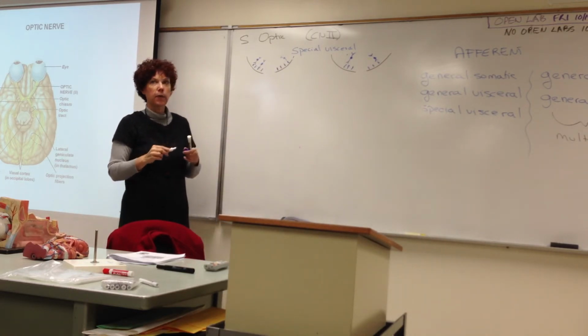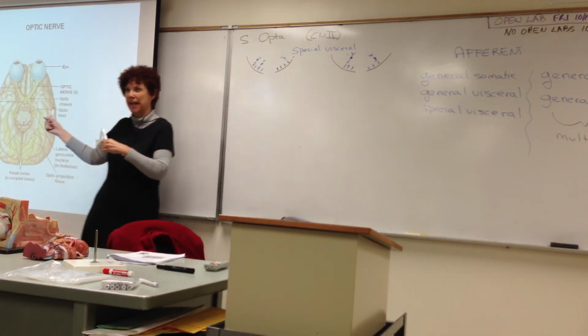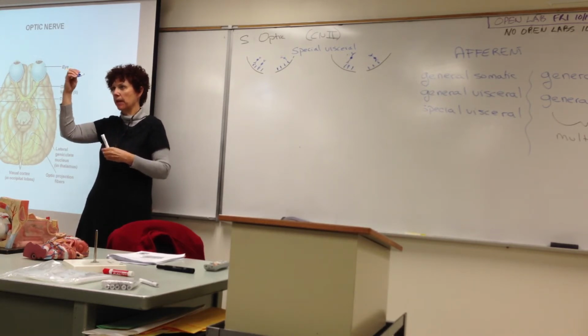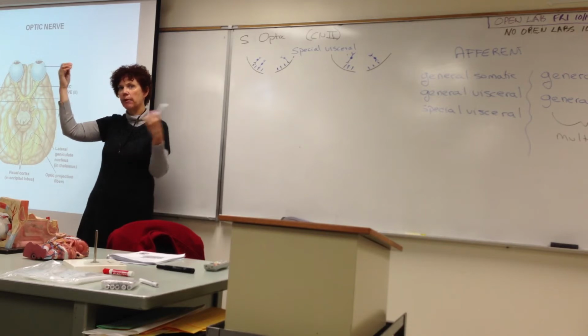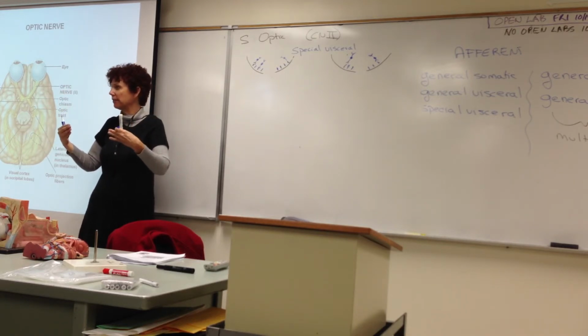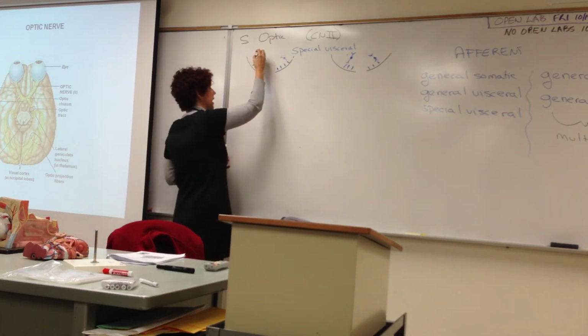And then from there, we have the second neuron. Remember in smell, the bipolar neuron went through the cribriform plate and synapsed with another neuron. If we were talking about peripheral nerves, that other neuron would have been the posterior gray horn. Okay? So now the second neuron, this would be the first neuron in our pathway.